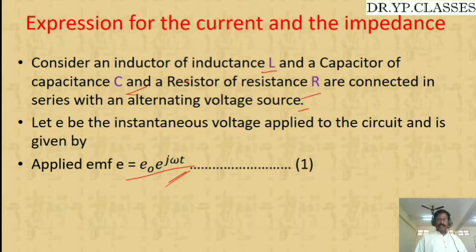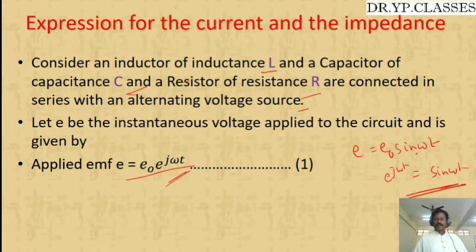The applied EMF to the circuit is E equal to E naught e to the power of j omega t, instead of E equal to E naught sin omega t. So that is all.